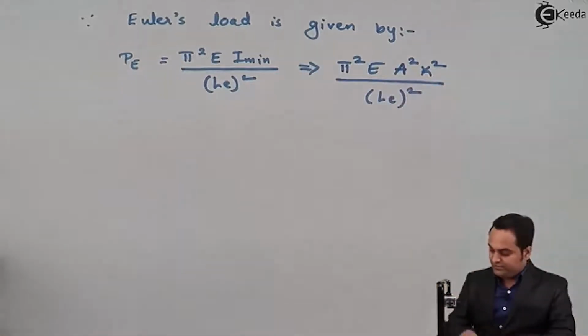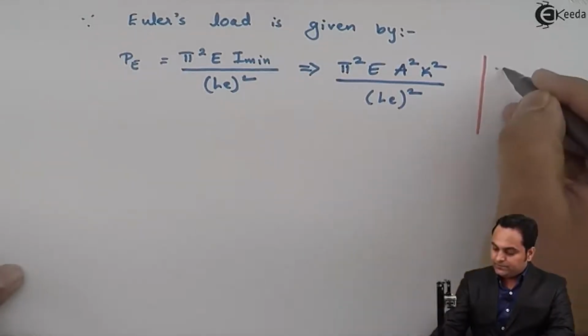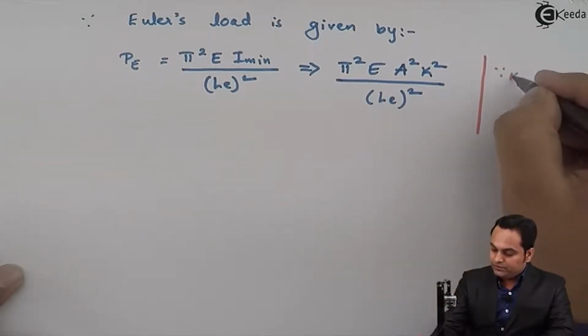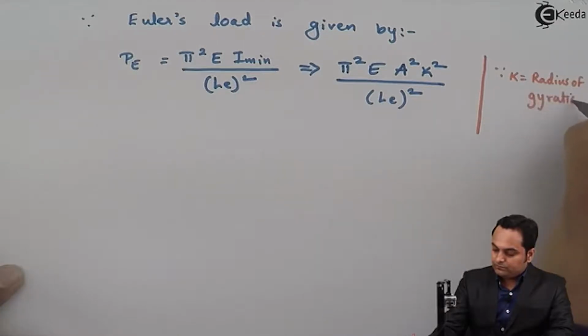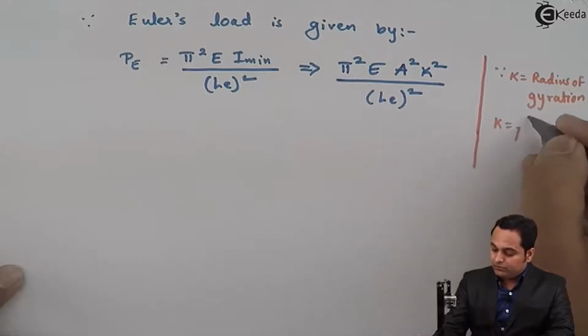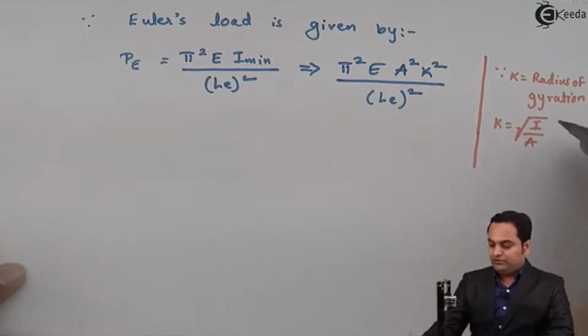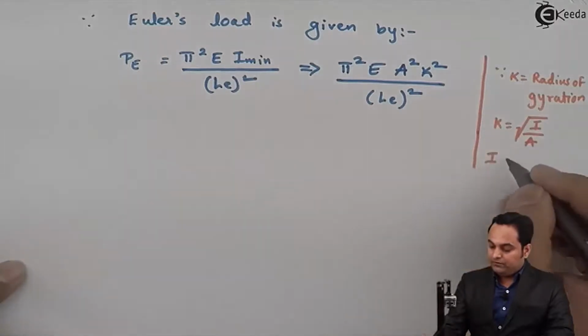Now how I have written this, I'll explain it. K is called the radius of gyration, and that radius of gyration K is equal to root of I upon A, that is the moment of inertia divided by cross section area. Now here I want I, so I'll keep I on one side.